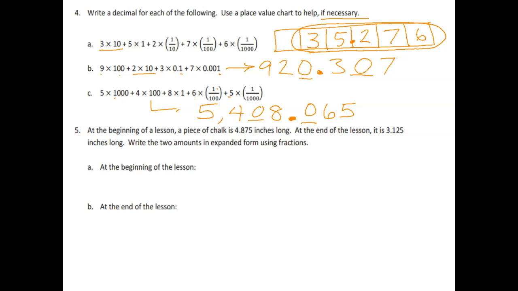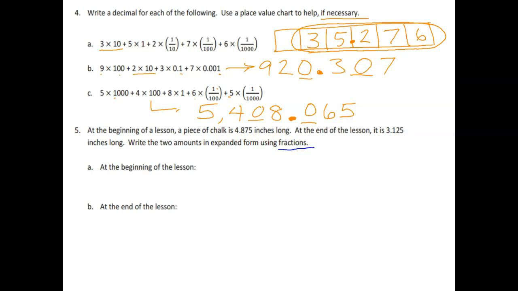Let me reread that. At the beginning of the lesson, a piece of chalk is 4 and 875 thousandths of an inch long. At the end of the lesson, it is 3 and 125 thousandths of an inch long. Write the two amounts in expanded form using fractions.